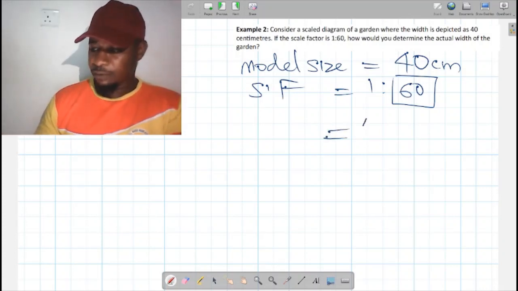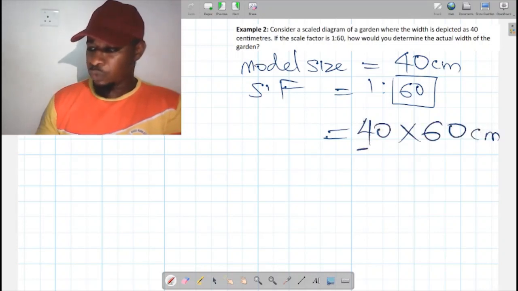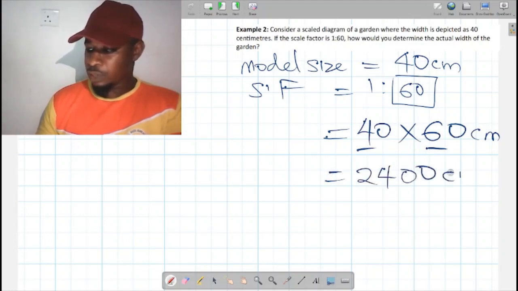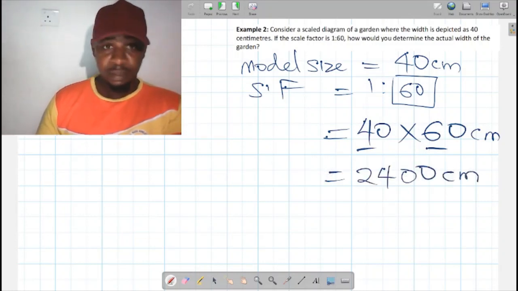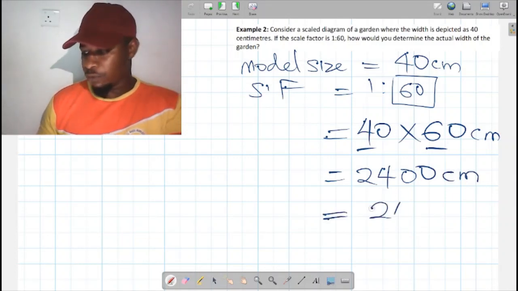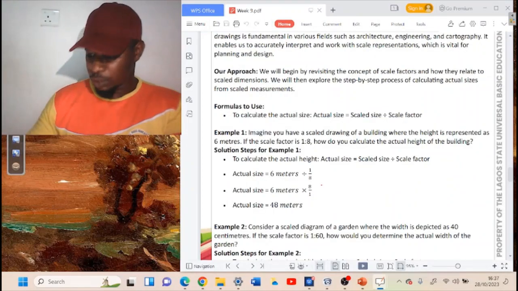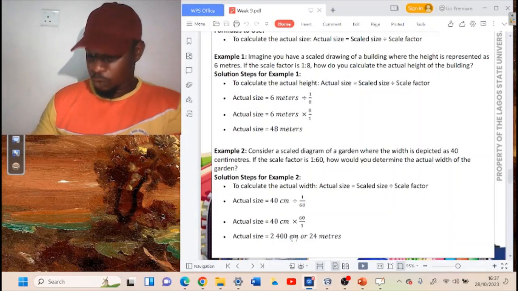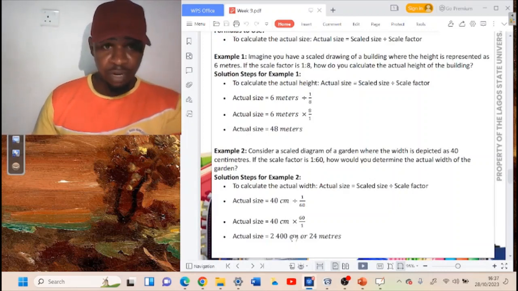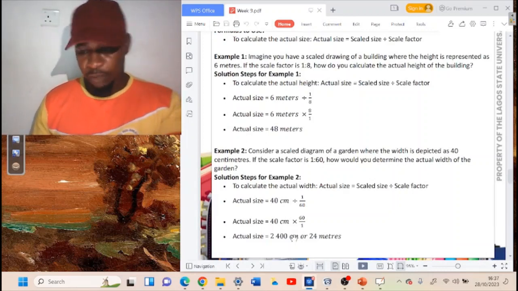And so that is 40 centimeters times 60. I just do 4 times 6 and you get 24. And I add the 2 zeros. So that's 2,400 centimeters or 24 meters, as the case is when you convert centimeters to meters. So let's check if we're correct, and I'm sure that we are. Yes, of course we are. 2,400 centimeters or 24 meters.